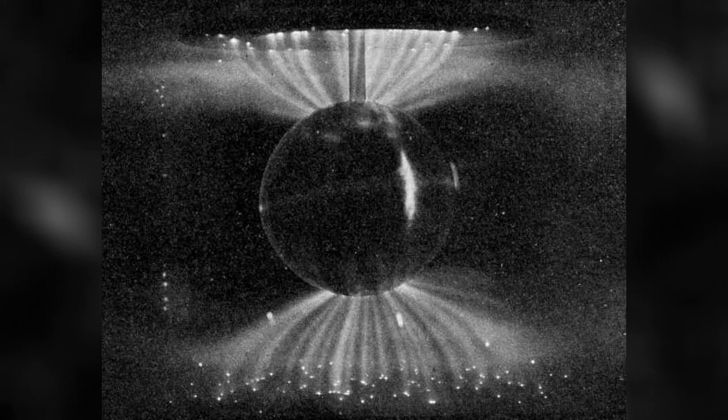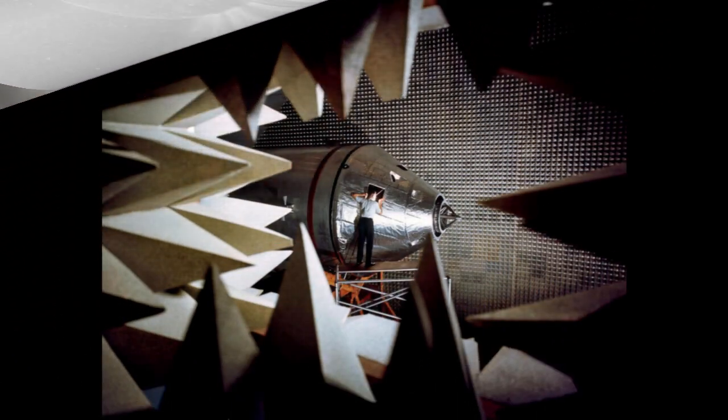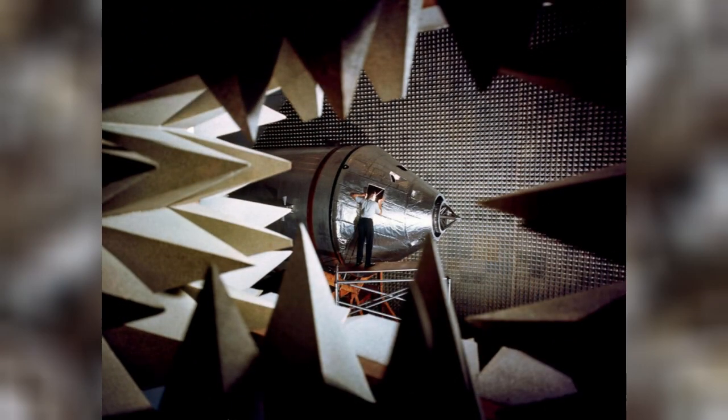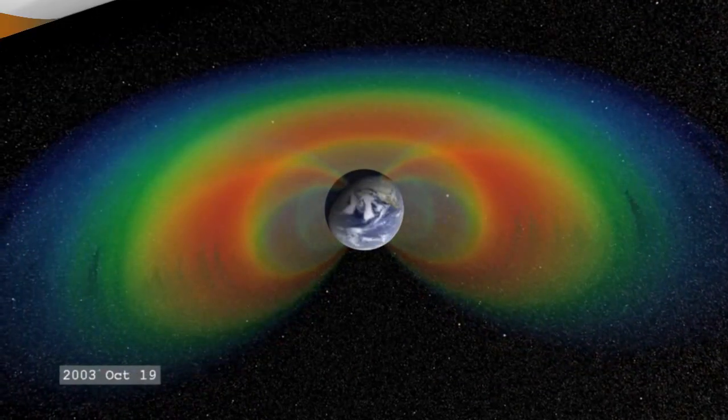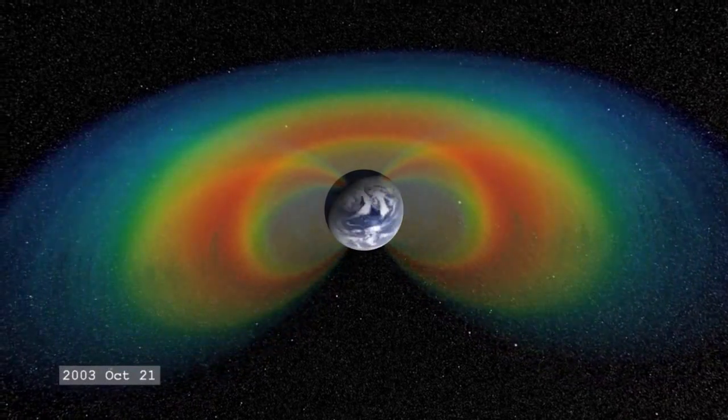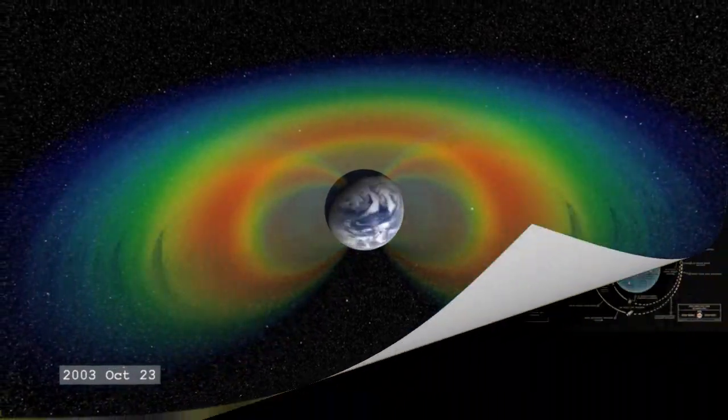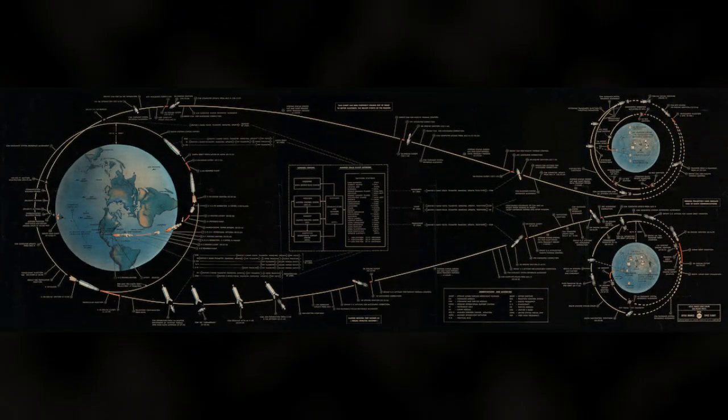The astronauts were shielded from the radiation by the aluminum hull of the spacecraft, specially designed and created for such a purpose. And the orbital trajectory of Apollo 11 from the Earth to the Moon was chosen specifically to lessen exposure to radiation.